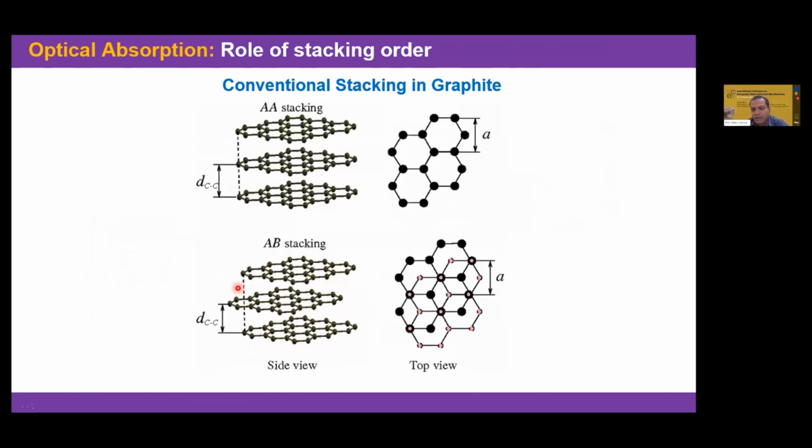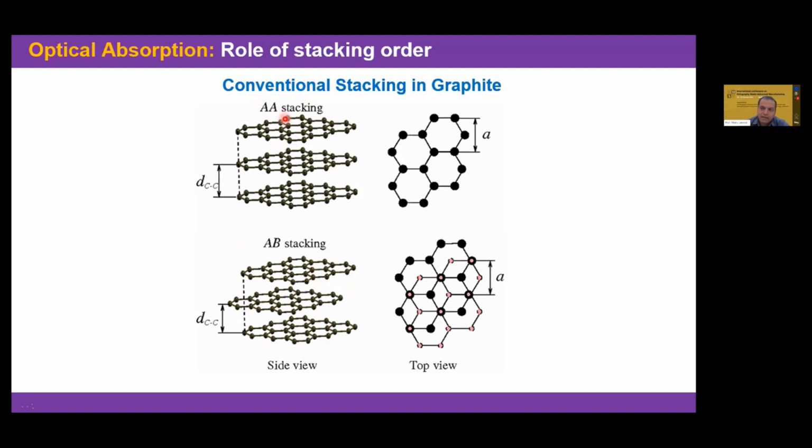I mentioned that every layer of graphene has a very definite absorption, which is given by the fine structure constant. And if you look at the stacking in graphite or in few layer graphene, then it is either AA stacking or AB stacking.